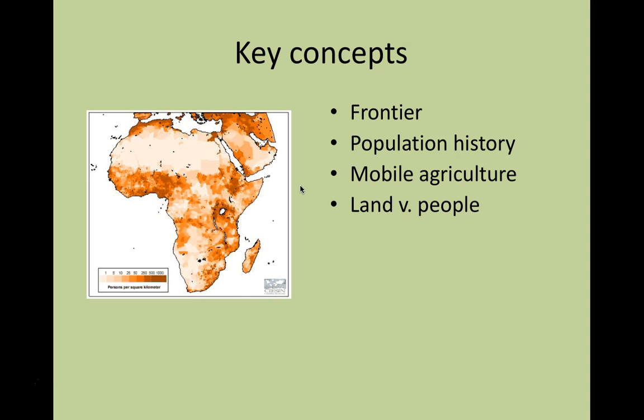A king, a ruler, a system of elders, whatever the political system was in an African society, had nothing to do with control of land. It had everything to do with control of people. Power over people is the central feature of African political history.